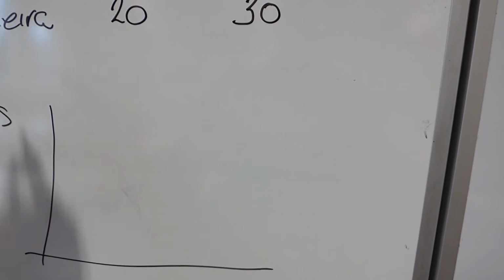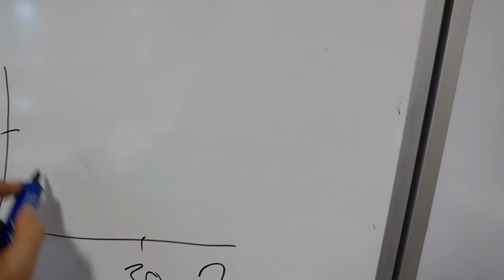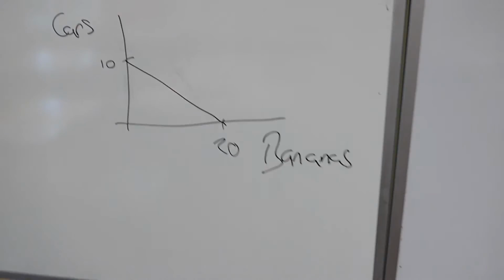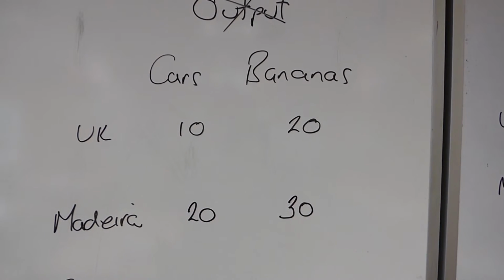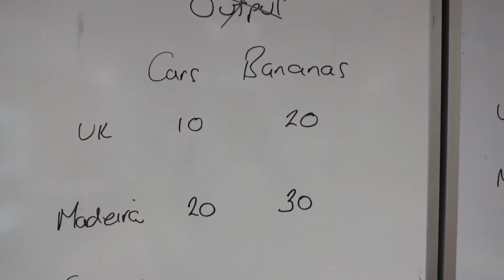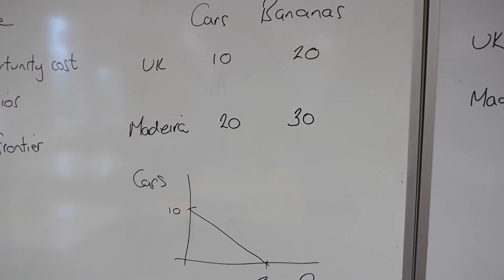So you might have, say for the UK, 10 cars, 20 bananas, and they're just linking those up together. It's the same thing, but I prefer to do it by way of tables, and I hope that you understand what follows. So that's a very simple explanation of absolute advantage.